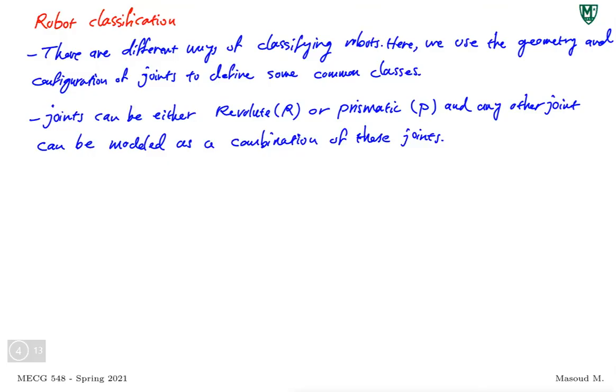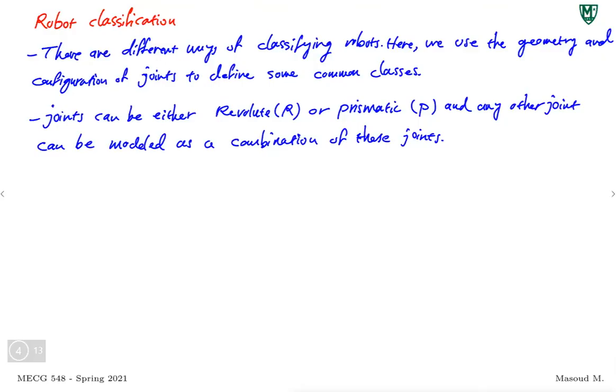These three possible configurations are based on the way the axes of these joints stand with respect to each other. This is the best way I can put it.